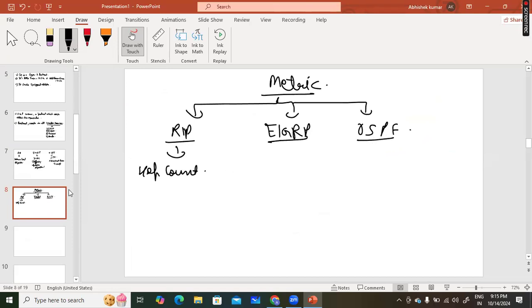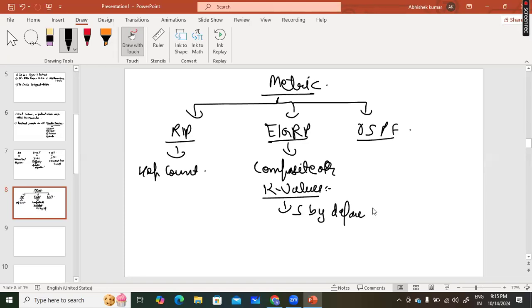In EIGRP we use K values, the composite metric. How many K values do we have by default? Five. Exactly, five by default.